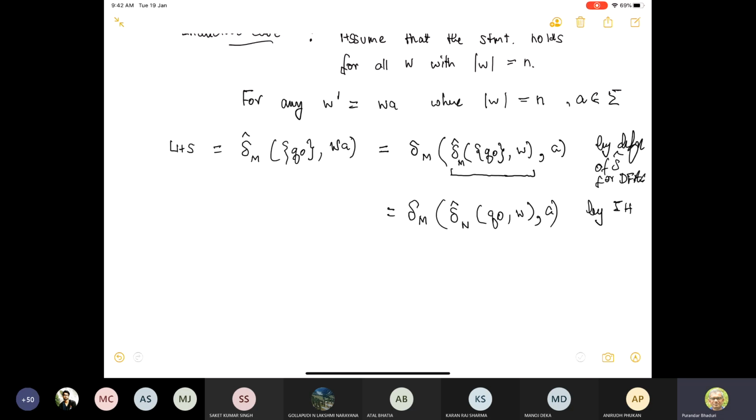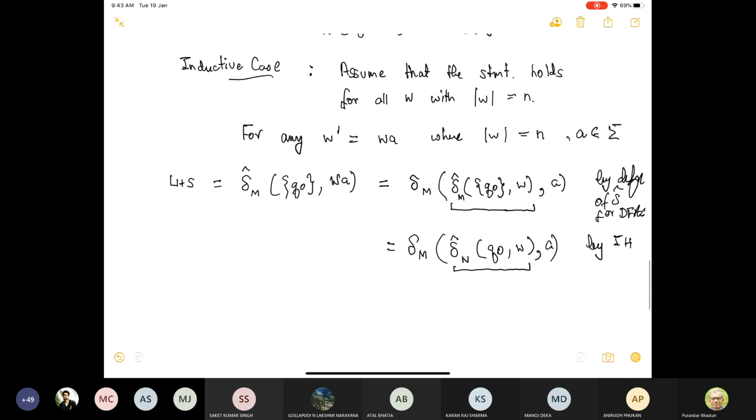Does anyone have any questions on this? I'm just applying the induction hypothesis. So by induction hypothesis, these two are the same, okay? This is the induction hypothesis.